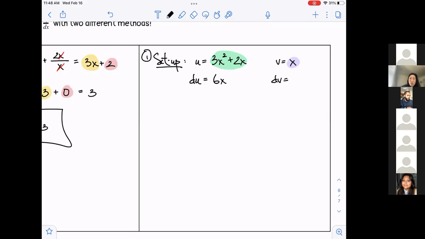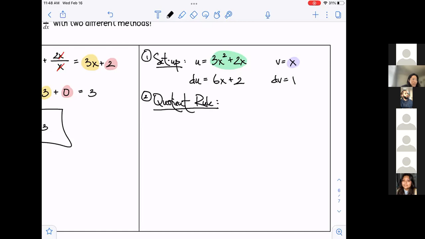And when I take just the derivative of 2x, I get 2. Perfect. All right. Derivative of x for our dv. One. Just 1. Okay. So now we'll put this into the quotient, because quotient means divide, just like product means multiply.